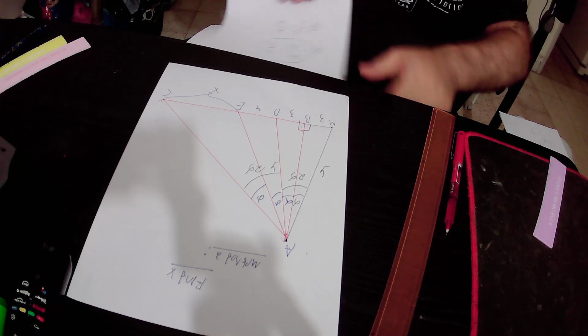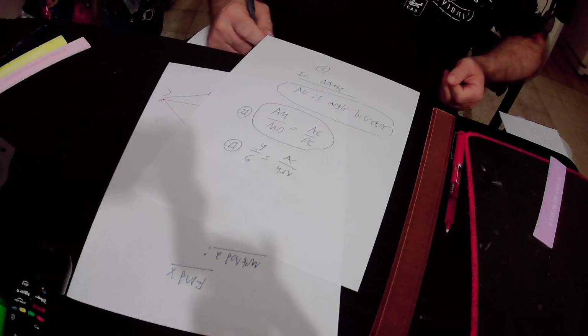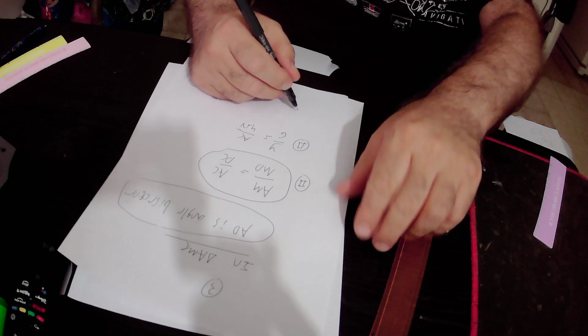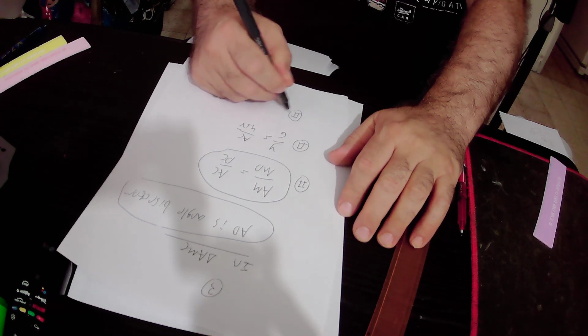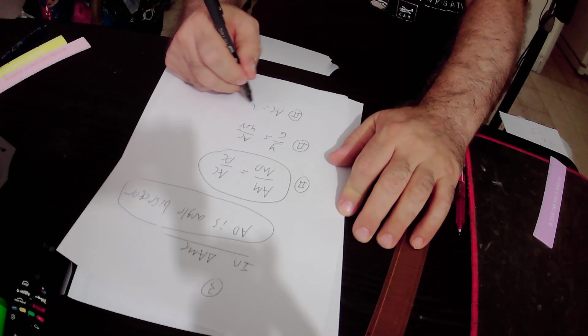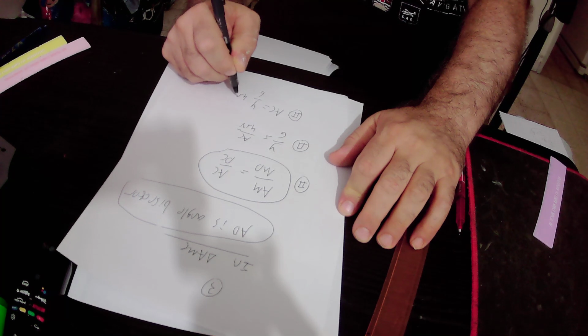Okay, so in total we got that y over 6 equals AC over 4 plus x. Here we will multiply this equality by 4 plus x, and we will get that AC equals y over 6 times 4 plus x.